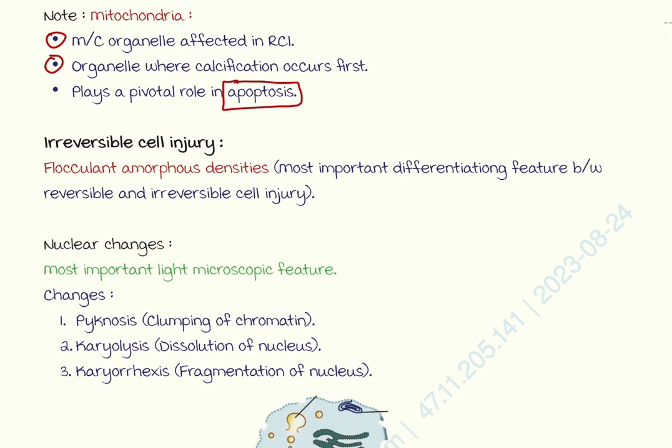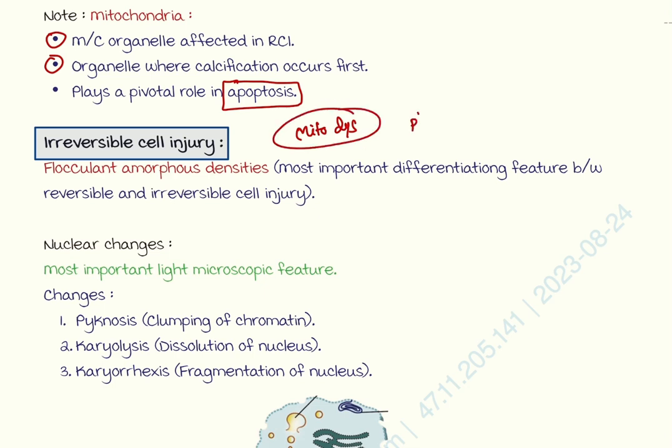Coming to a very important one, that is irreversible cell injury. Now, you have two very important questions from irreversible cell injury. First question, what are the most important changes? Basically, I told you, whenever it is irreversible, there is mitochondrial dysfunction and plasma membrane leakage.